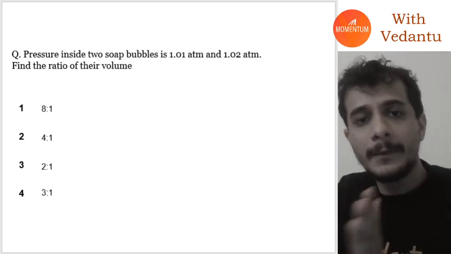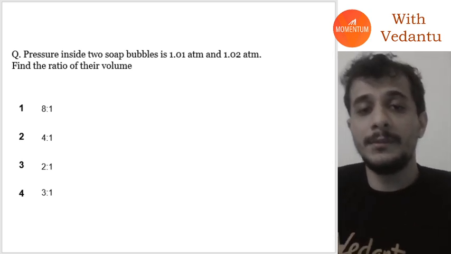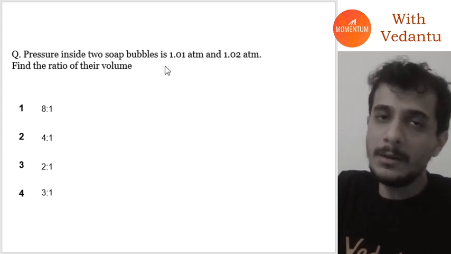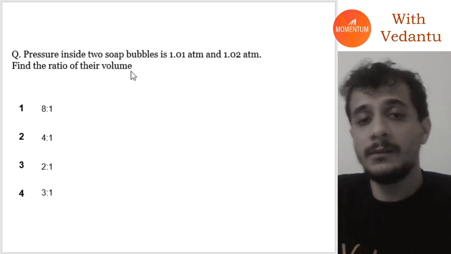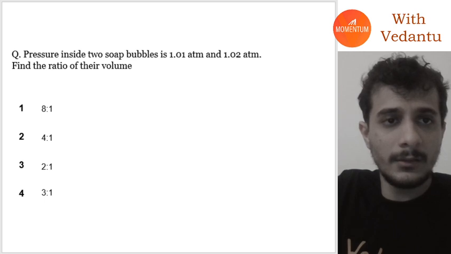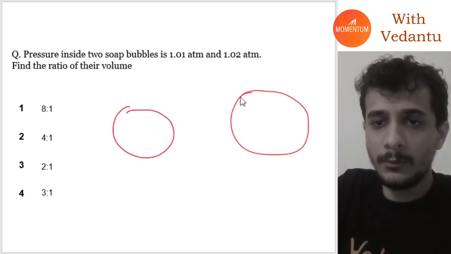Next, the pressures inside two soap bubbles are 1.01 atmosphere and 1.02 atmospheres. You have to find the ratio of their volumes. This is very simple. Let's say I have two soap bubbles, soap bubble 1 and soap bubble 2.